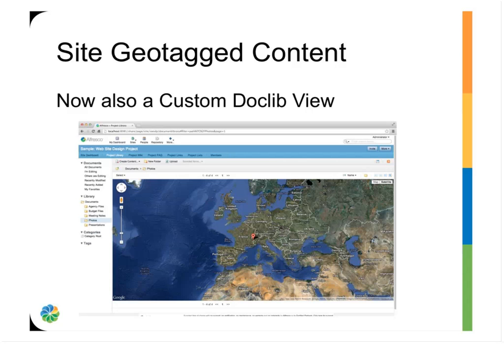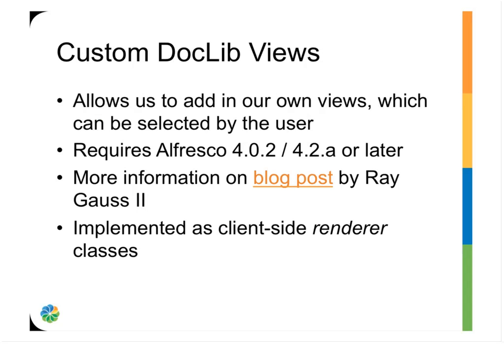Now, I'll demonstrate this in a minute, but just a little bit more information on document library views first. So we can add in as many of these document library views as we want to as developers. As I mentioned, it's exposed in Community 4.2 from release A onwards.